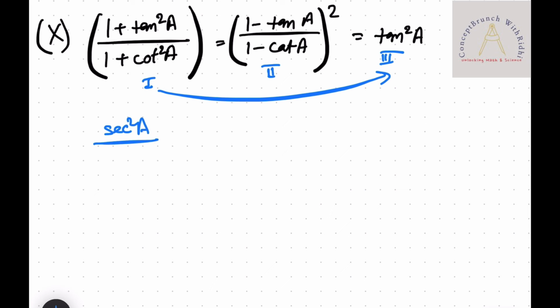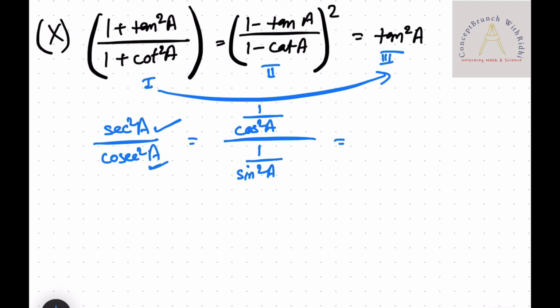And 1 plus cot square A we can write simply as cosecant square A. Now the secant square A we can write as 1 over cos square A, and cosecant we can write in terms of sine square A, right? Let's rearrange it. So it will become sine square A divided by cos square A, which is equal to tan square A. So the first part became the third part now.